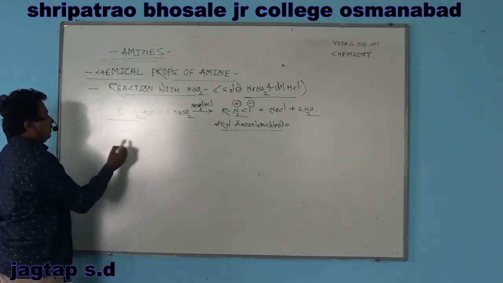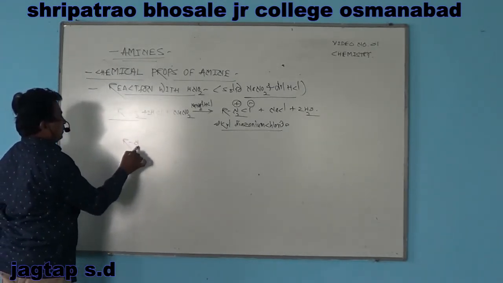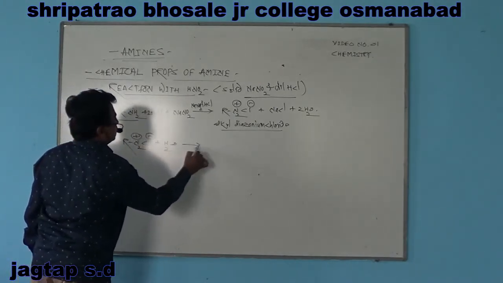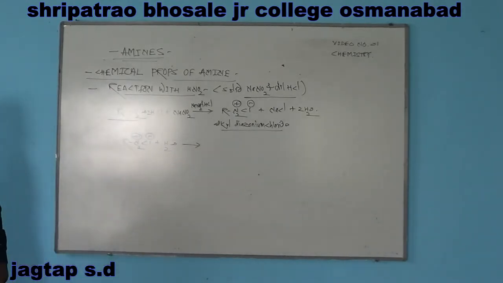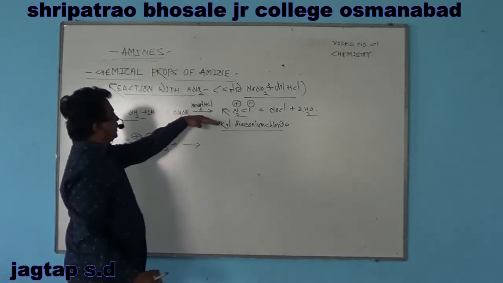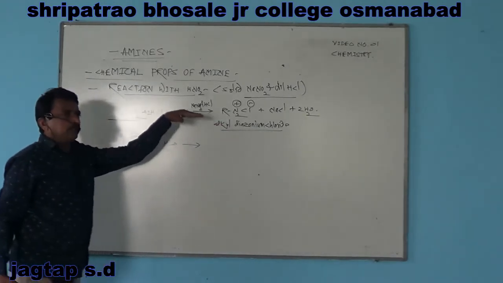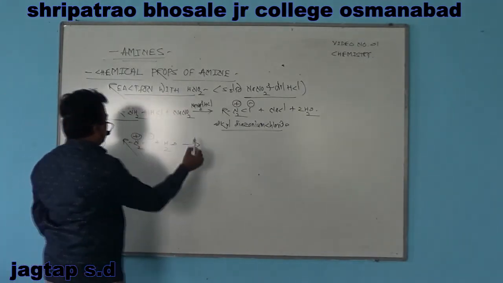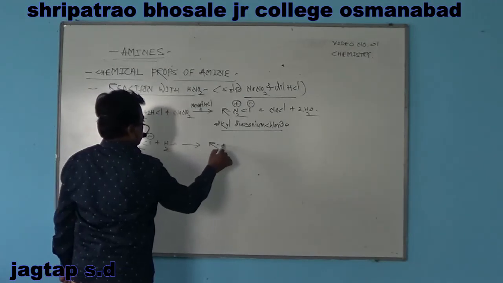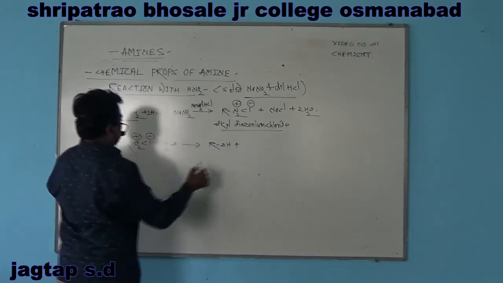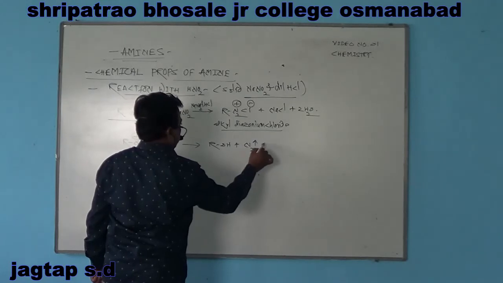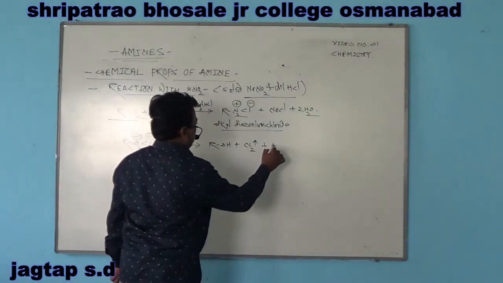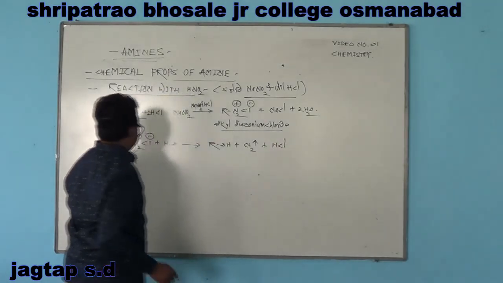Then alkyl diazonium chloride is treated with water. Actually, this reaction takes place at 273 to 278 Kelvin to give a monohydric alcohol with evolution of N2 and hydrochloric acid, HCl.